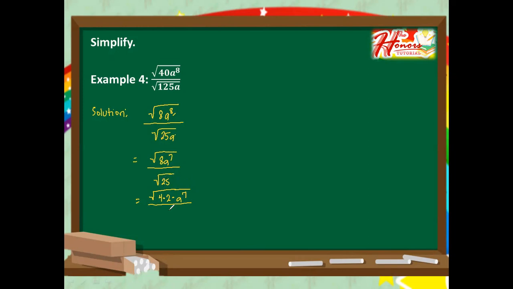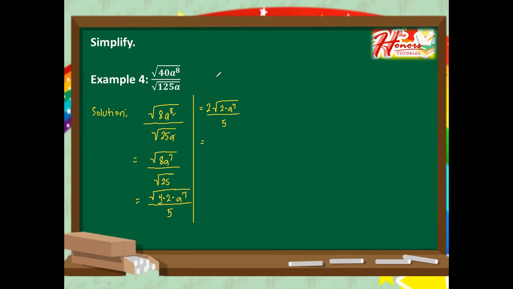Square root of 25, that is 5. So like let's write it here below. And then for the numerator, let's simplify square root of 4 and that is 2. So we have here 2 and then copy square root of 2 times a raised to 7 over 5.